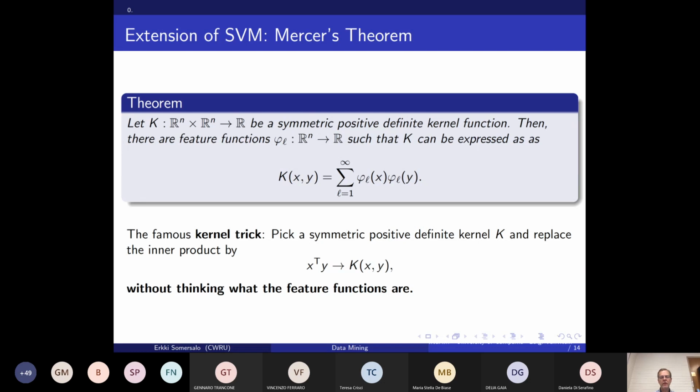That was an observation that really made the support vector machine one of the most popular classifier algorithms, because now you no longer need to assume that your data is linearly separable.